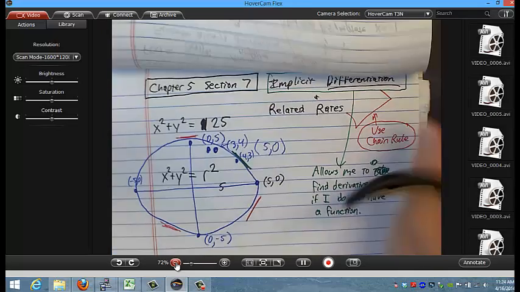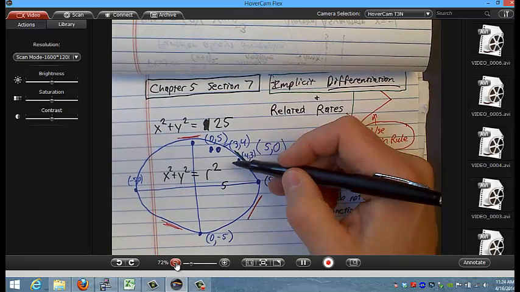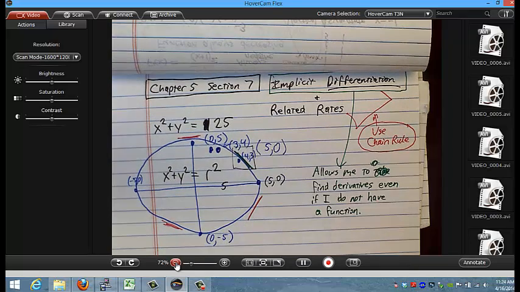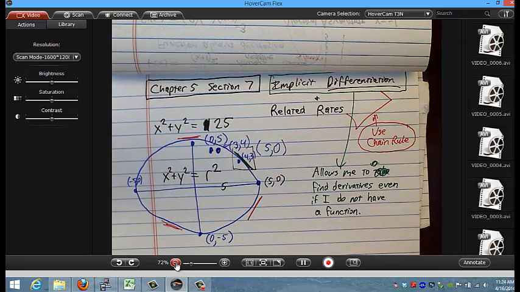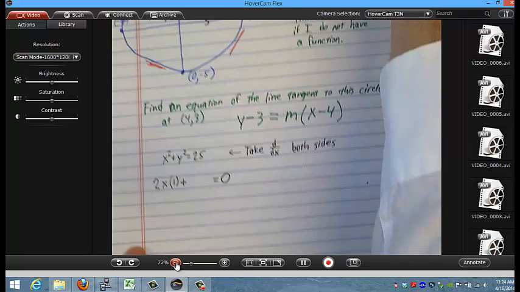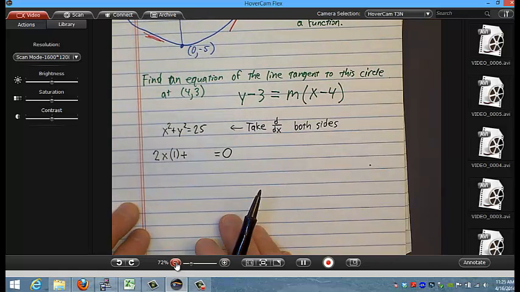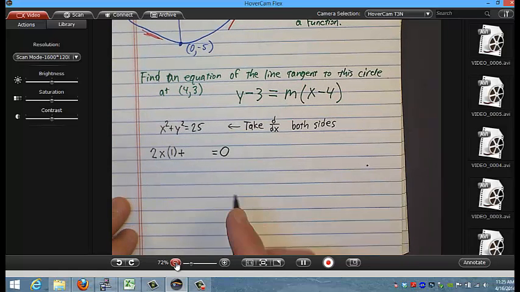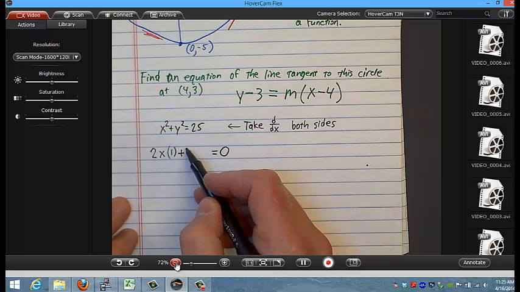But I'm telling you that by the green tangent line there, if I just zoomed in, isn't it true that y does look like a function of x right around there? If you just zoom in that window, you would meet the vertical line test. So we get away with treating y as a function of x. And because it is, I can take its derivative with respect to x.